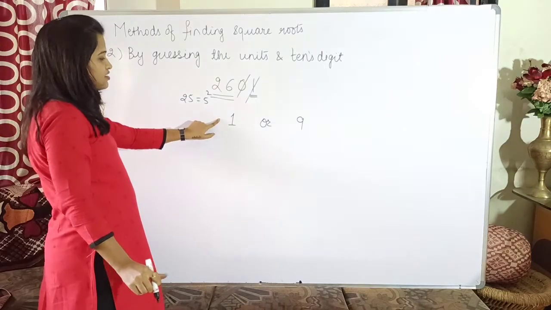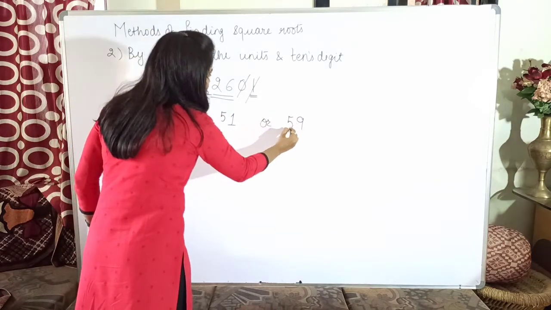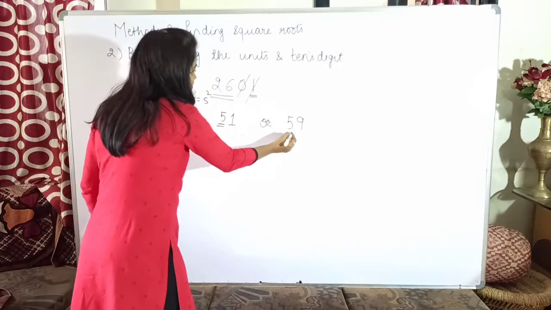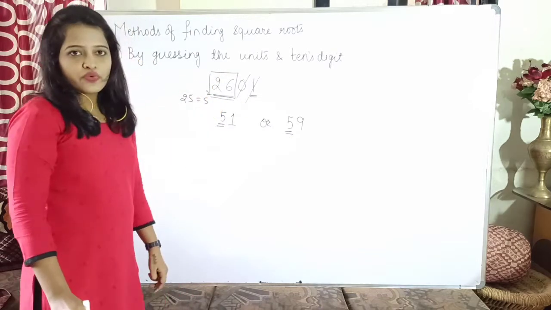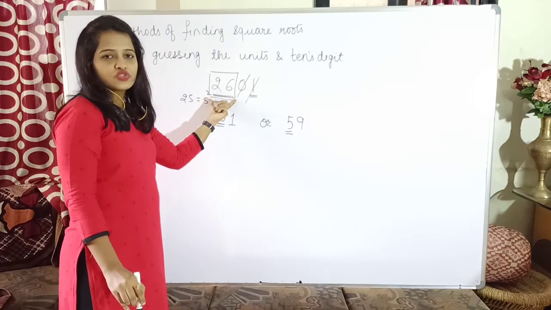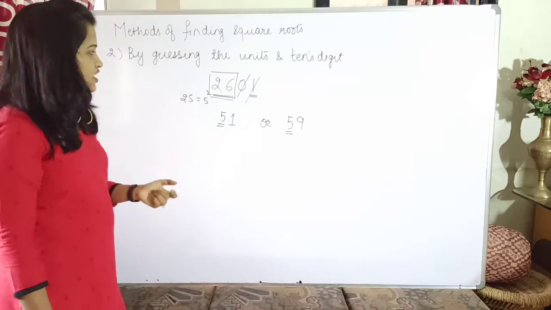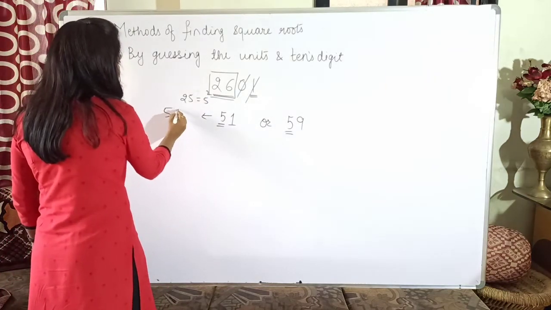It means here your number will be either 51 or 59. Did you understand how we get 5 here? You have to find the nearest square and take its square root. The nearest square is 25, and the square root of 25 is 5. So the number will be either 51 or 59. Now whether it will be 51 or 59, how do we decide? Again by the same method.